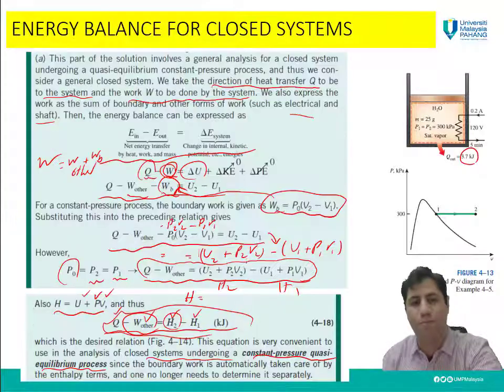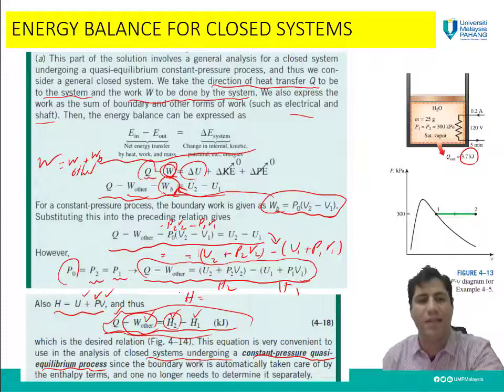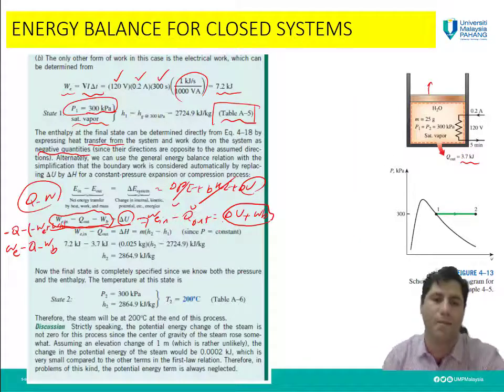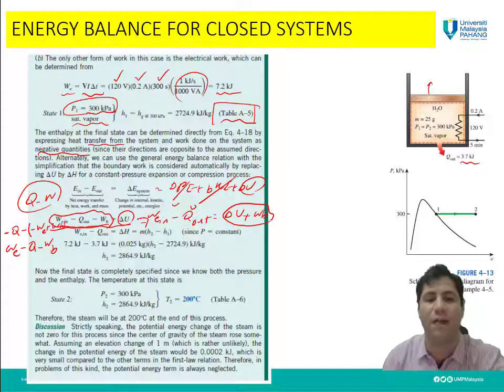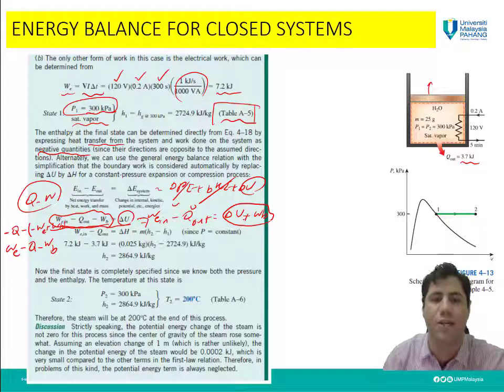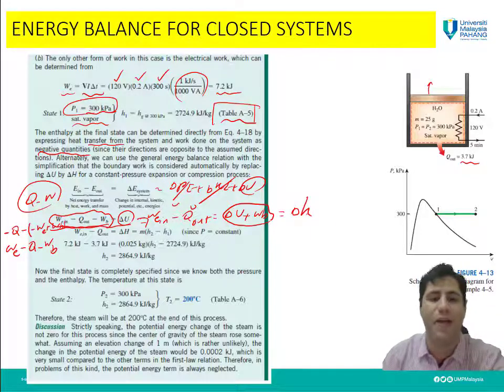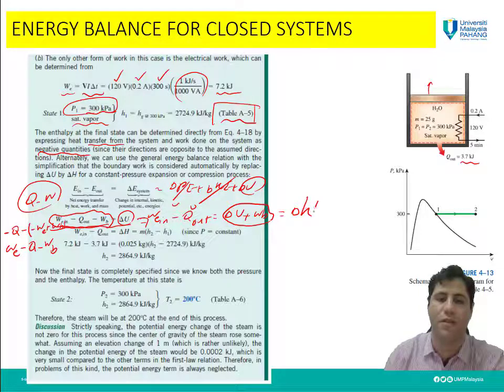But we have already proved here that this boundary work can be included in the change in the enthalpy of the system. So instead of delta U plus WB, we can write delta H of the system.